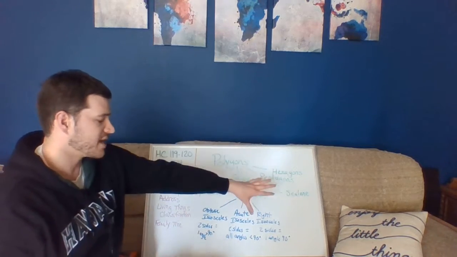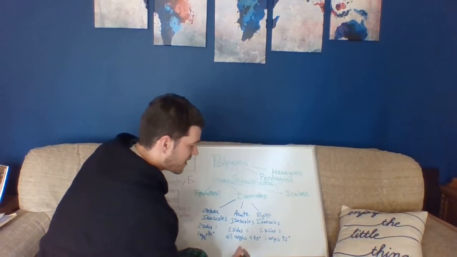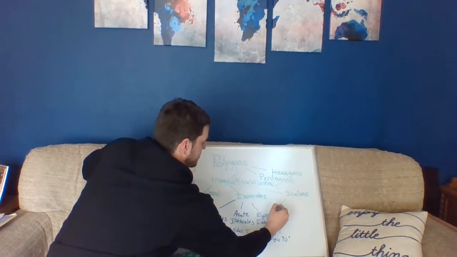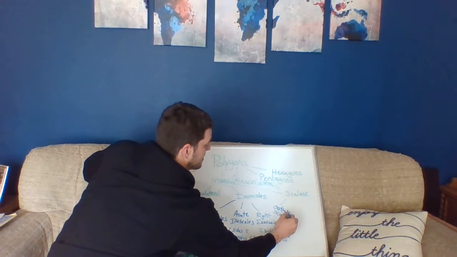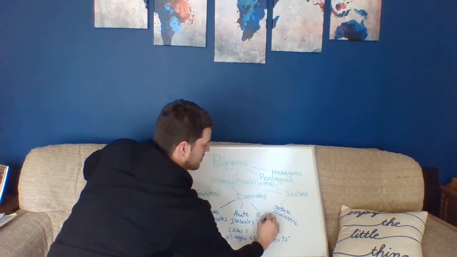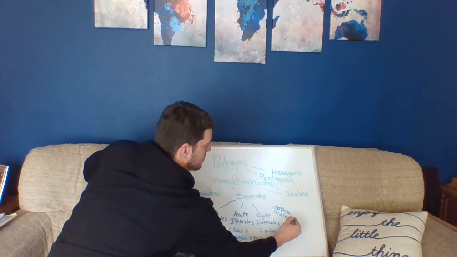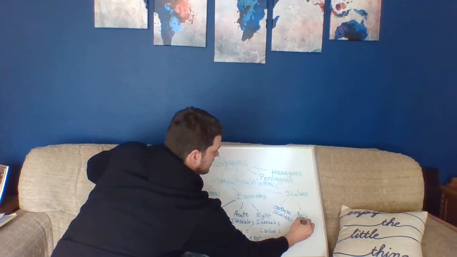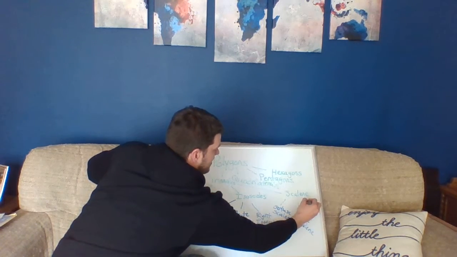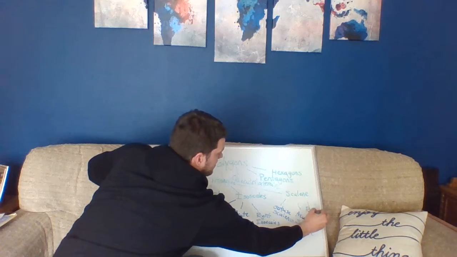All right, so scalene is the exact same thing. We have all three of those options. So we have obtuse scalene, we have acute scalene, and then we have right scalene.